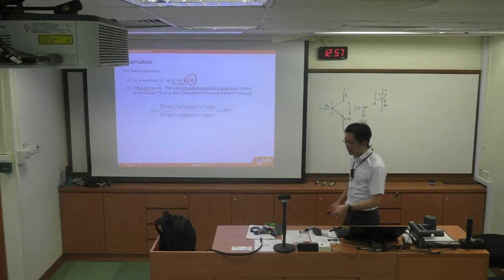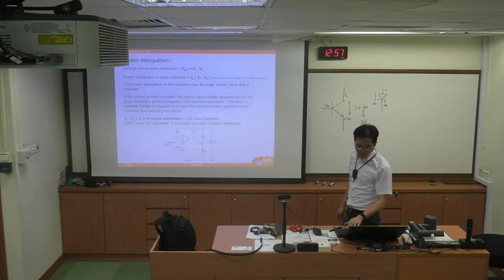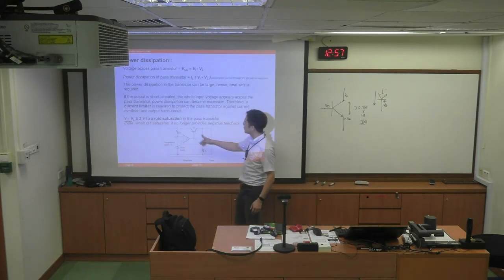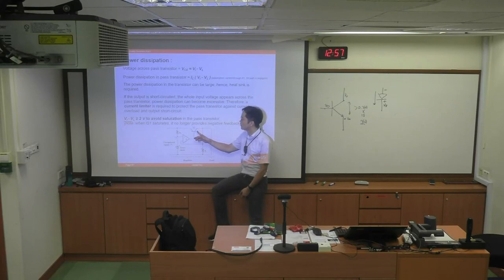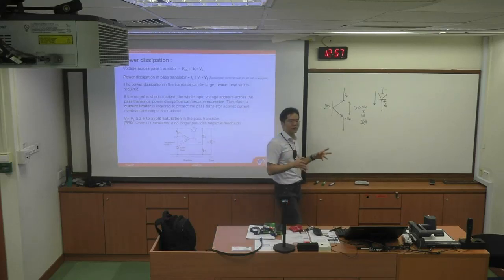Okay, but one thing to remember is you don't want a situation where the Q1 is conducting too much current. And that may damage not only the Q1 but also the error amplifier and the remaining circuitry. So what you can do is, in that case, if the base current is too large, you want to probably shunt it away so that Q1 remains within the thermal limit.